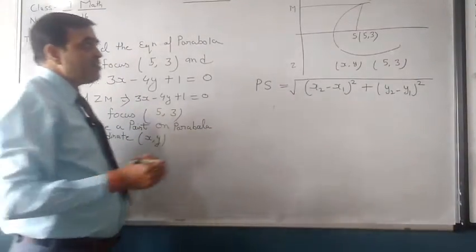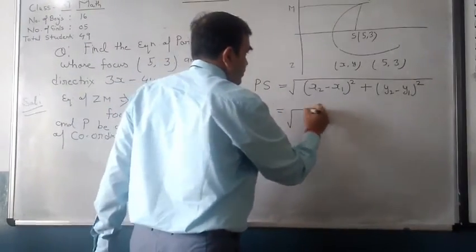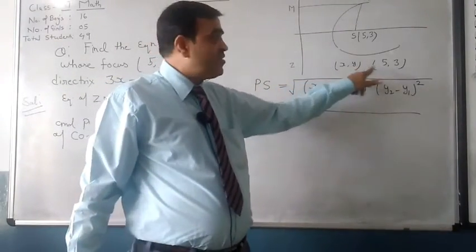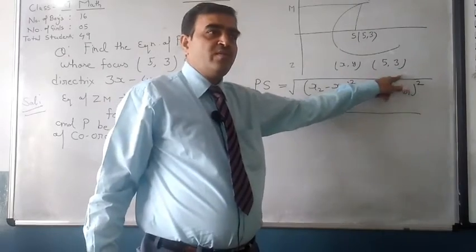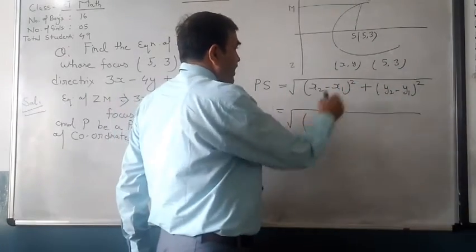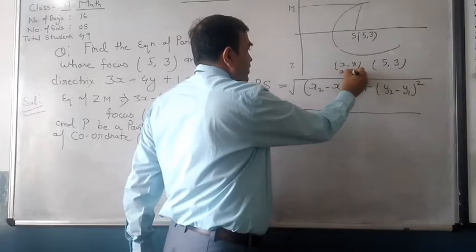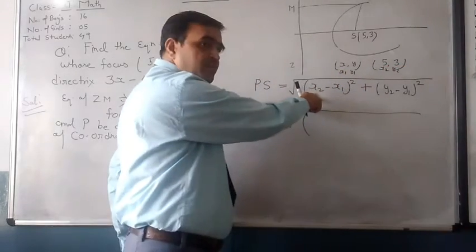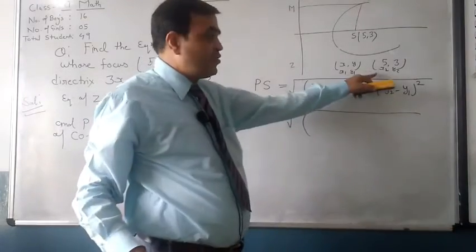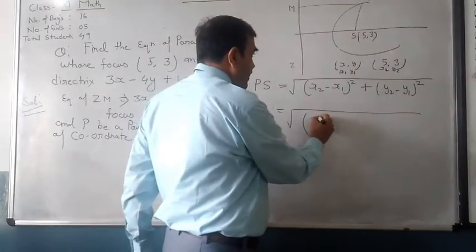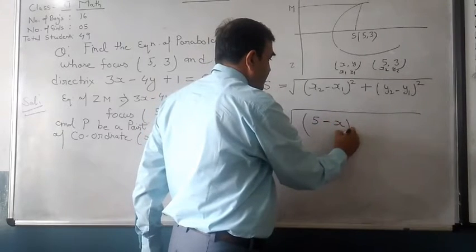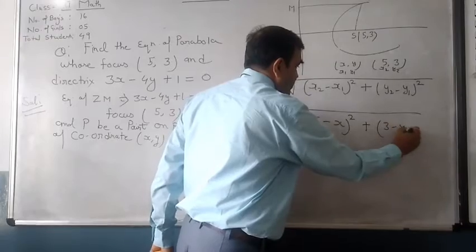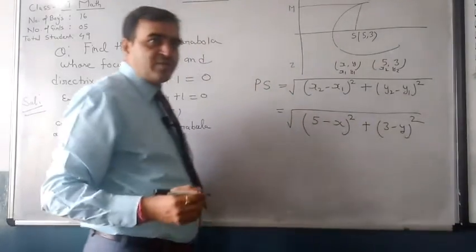So PS is equal to, taking this as x1, y1 and this as x2, y2. First we put the value of x2, that is 5. So under root (5 minus x) whole square plus (3 minus y) whole square.